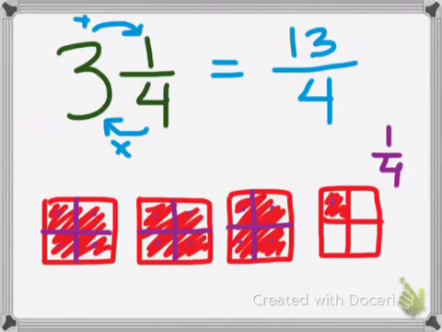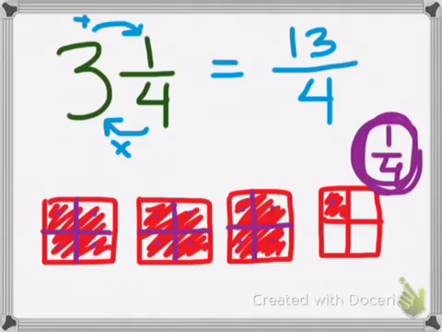So I have 13 1/4 or 13/4. And that is why using the method of multiplying the denominator and whole number and then adding the numerator works. Because what I did is I multiplied 4 times 3 using my wholes, and then I added that one extra part, that 1/4.